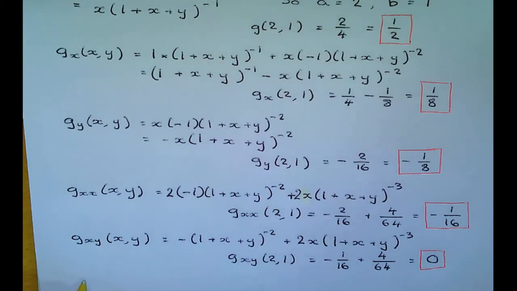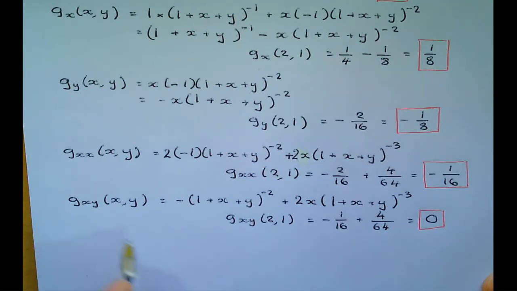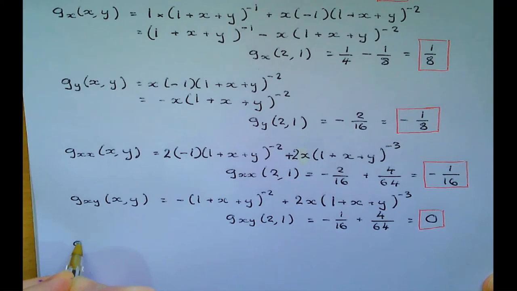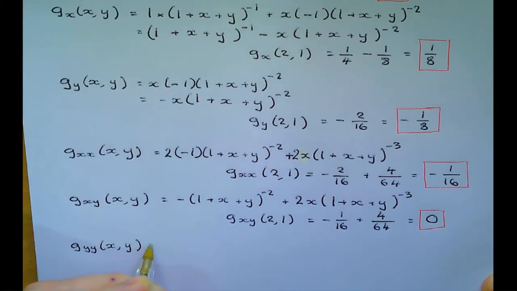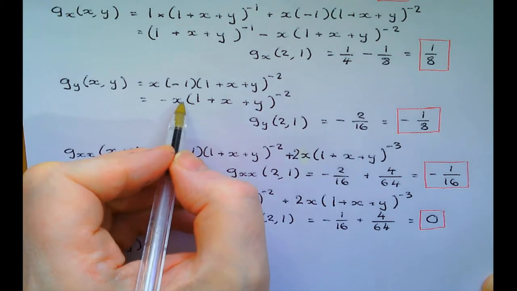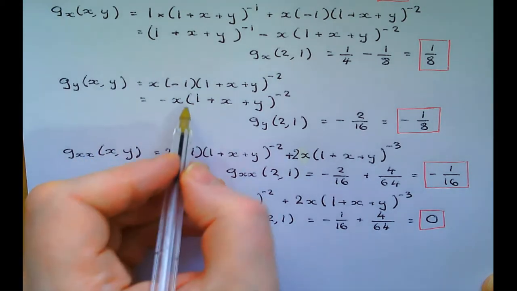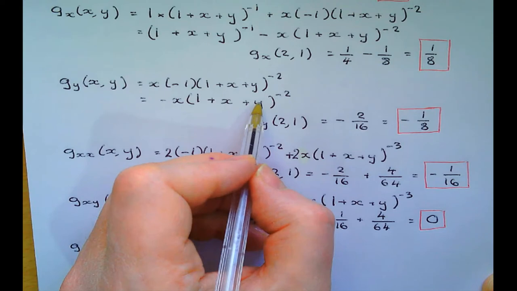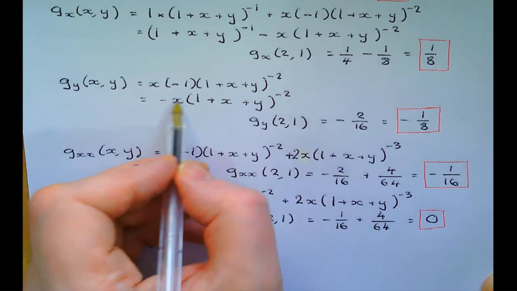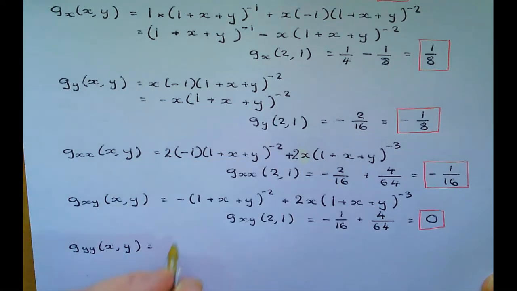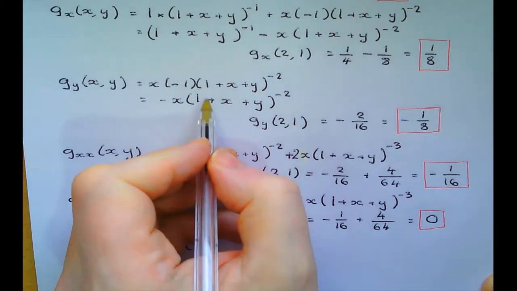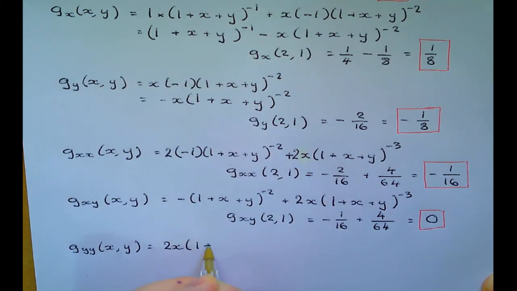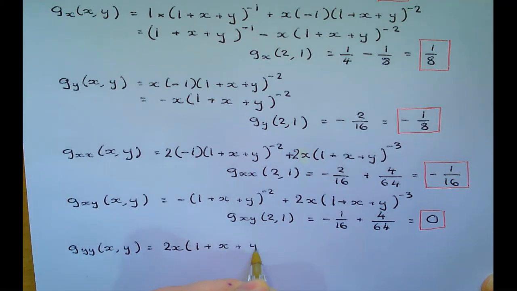And then finally, g_yy. Take g_y and differentiate with respect to y. y only occurs in one place, so minus x times minus 2, 2x times 1 plus x plus y to the power minus 3.